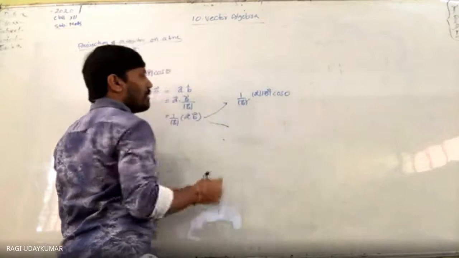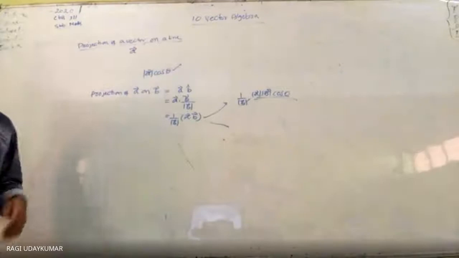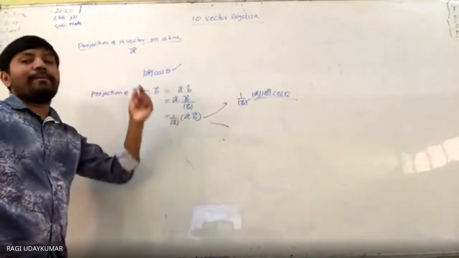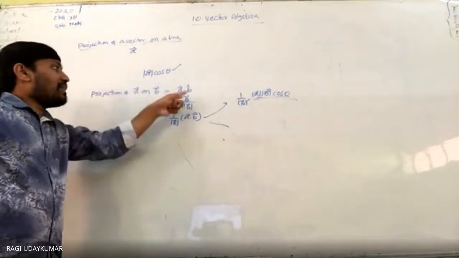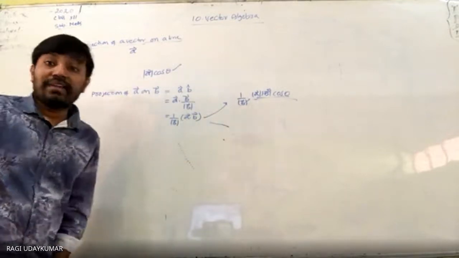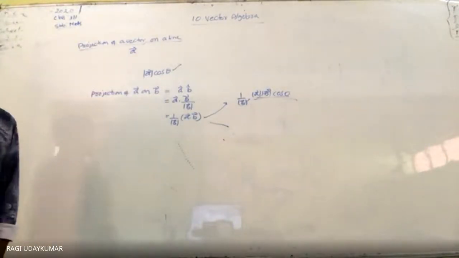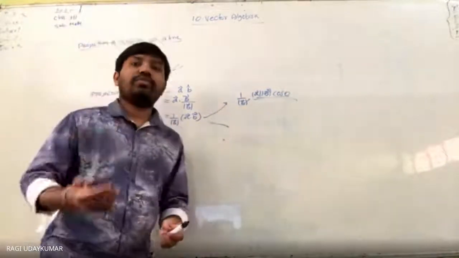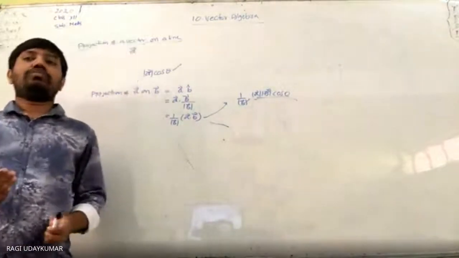So the projection of any vector on the given vector B bar: you just have to find the dot product of this vector and B cap. B cap is the unit vector along the given vector B bar. So the dot product of the given vector with the unit vector along the vector on which you are finding the projection should be taken.